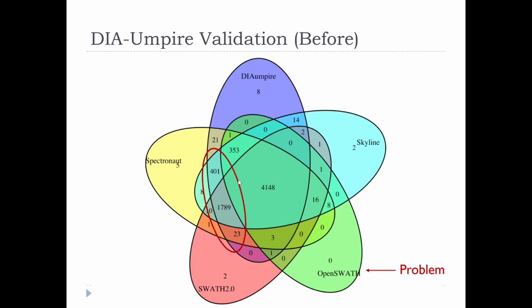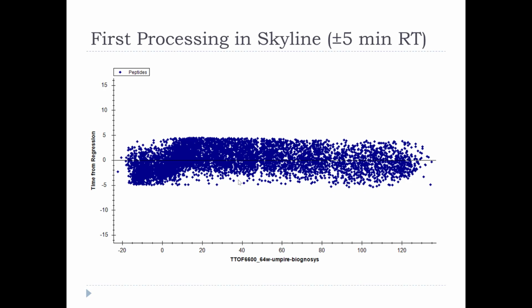Anybody have an explanation for that? Well, there's the obvious explanation, well, it's just not as good. But I had already been looking at the data with, as I said, Skyline at a ±5 minute retention time window. And these are actually residuals.